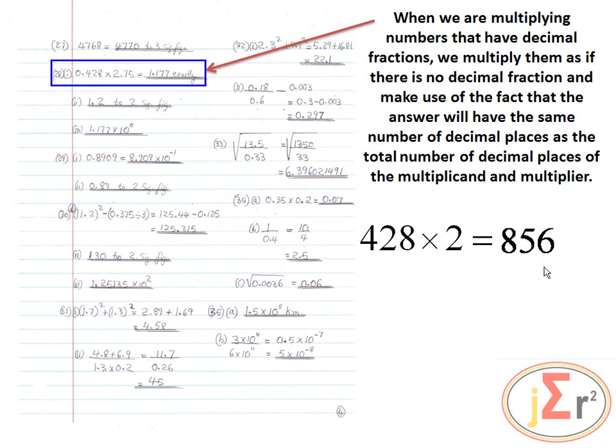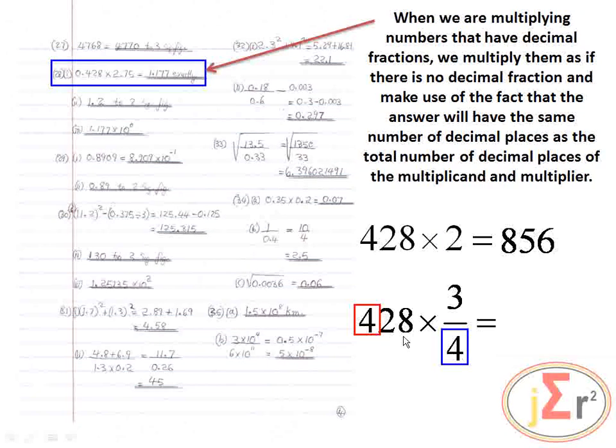Now we need 3/4 of 428. What do we do? We say 4 into 4, or a quarter of 4, is equal to 1. And a quarter of 28, or 4 into 28, is equal to 7.